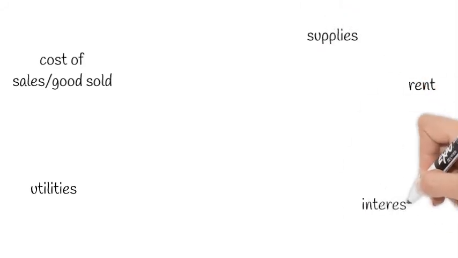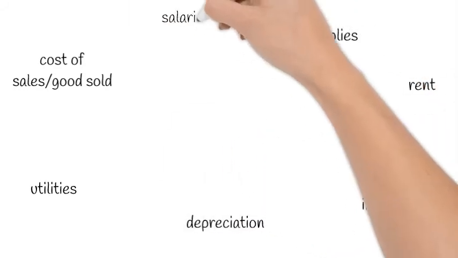Number 10. Cost of sales or goods sold, utilities, rent, supplies, interest, depreciation, salaries and wages. What do they all have in common? Ano kaya ito?